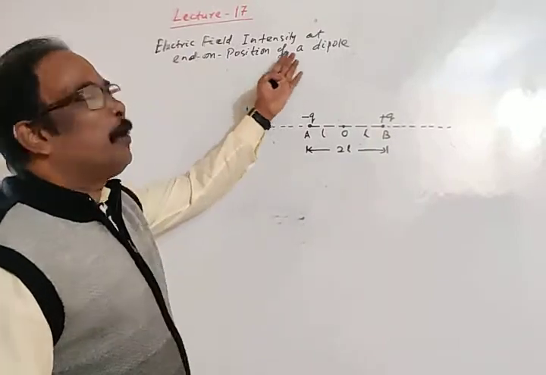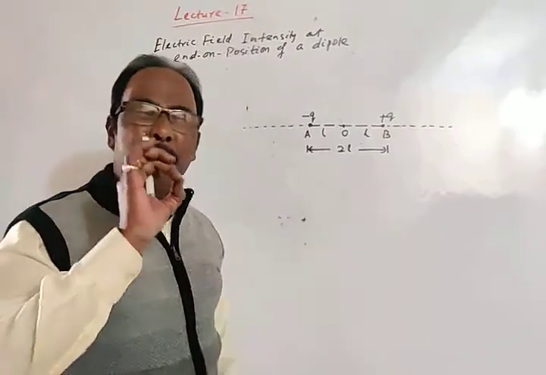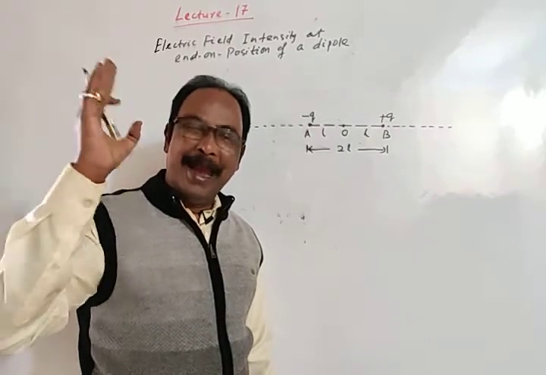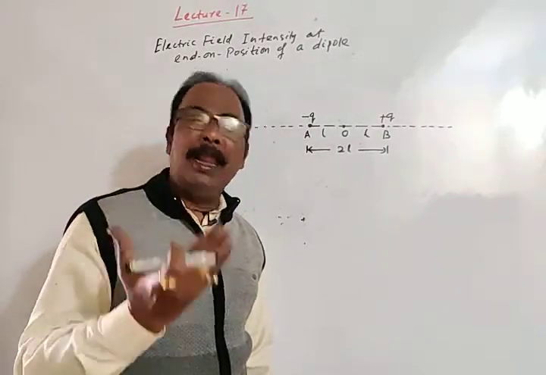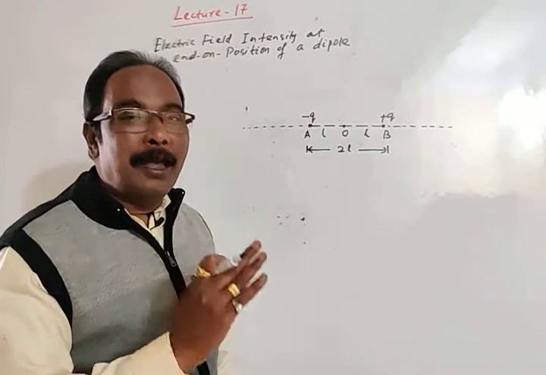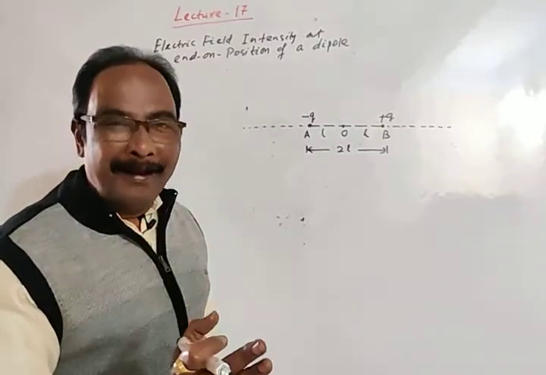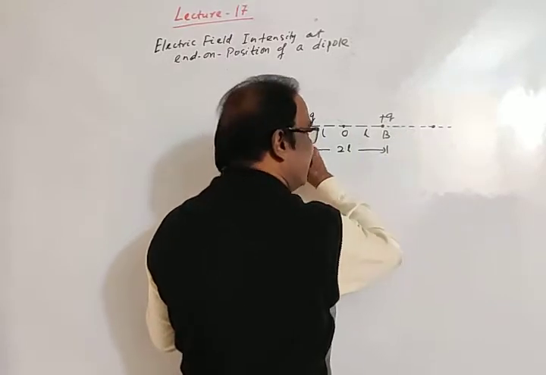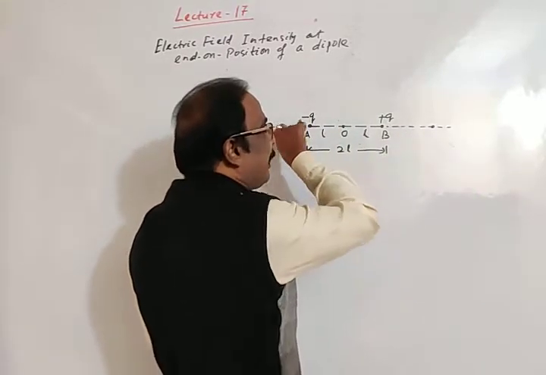Then what is end on position? End on position is any point on the axial line of the electric dipole. Let's consider any point x in the positive direction of the electric dipole.